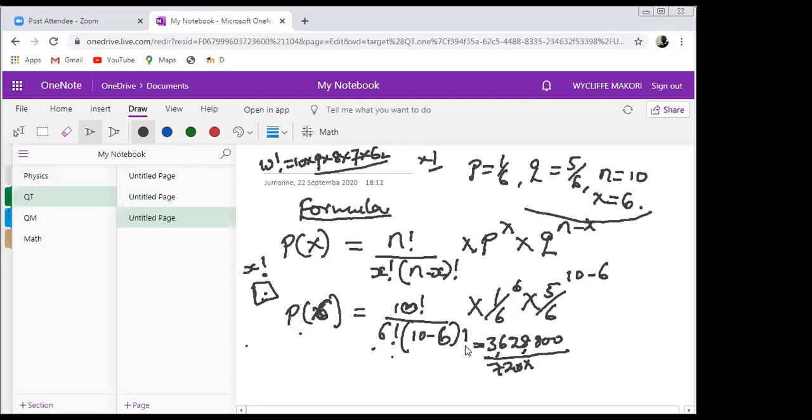And then you multiply by (10 minus 6) factorial. 10 minus 6 is 4, so you do 4 factorial. 4, shift, then that factorial. You get 24. Can you work out that first of all? 24, yes. Can you work out this?